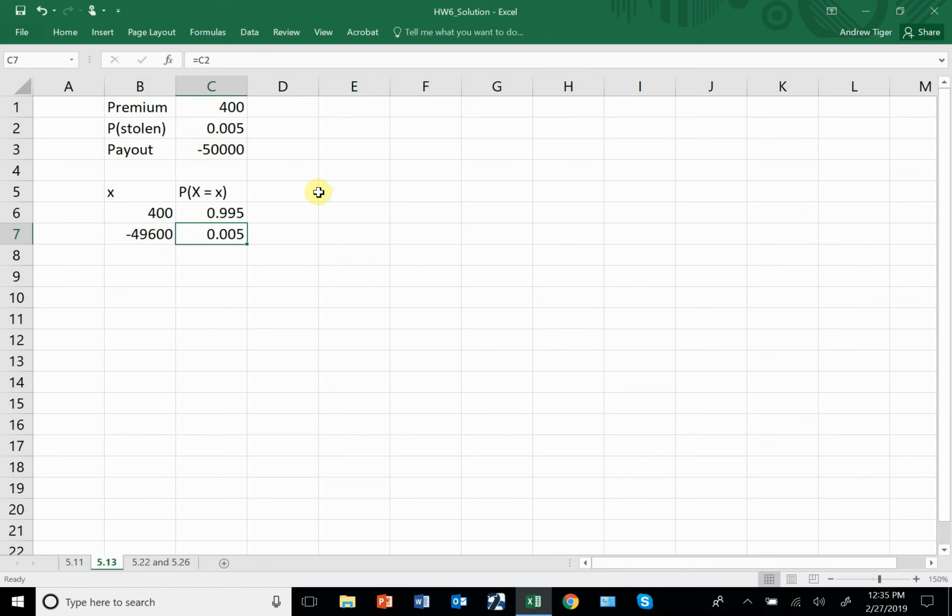The next one, they want you to calculate the expected value. So the same thing as before, we need to calculate X times the probability that X equals X. And we take the product, this times this. Copy that down. And then if I add those up, so my expected value, expected profit, or the mean, or the average, they're all the same thing.